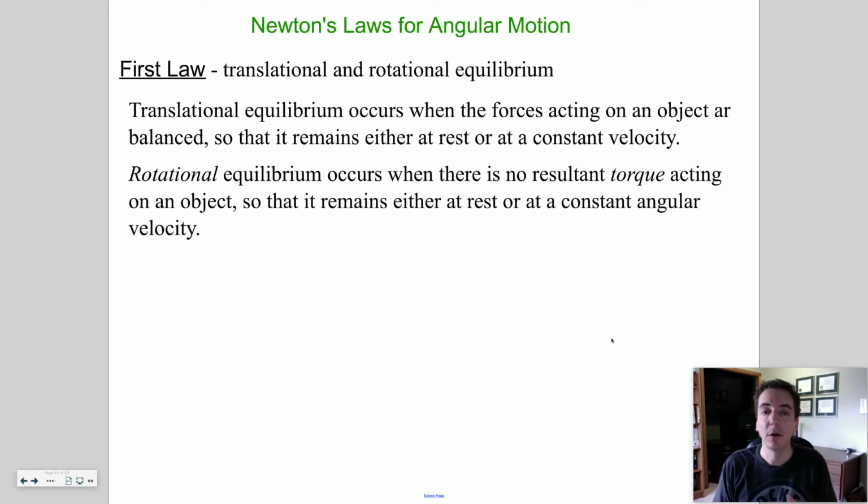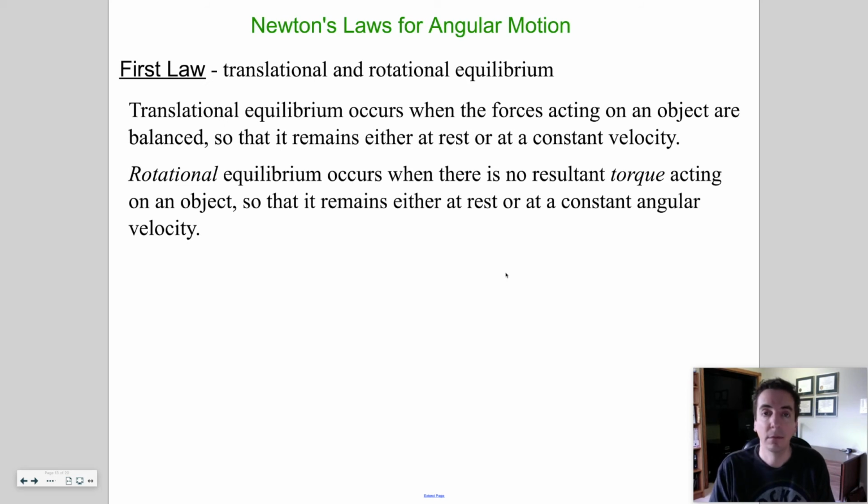Translational equilibrium occurs when the forces acting on an object are, oops, little typo there. I know a certain somebody is going to point that out if they were in class. There you go. Are balanced so that it remains either at rest or at a constant velocity.